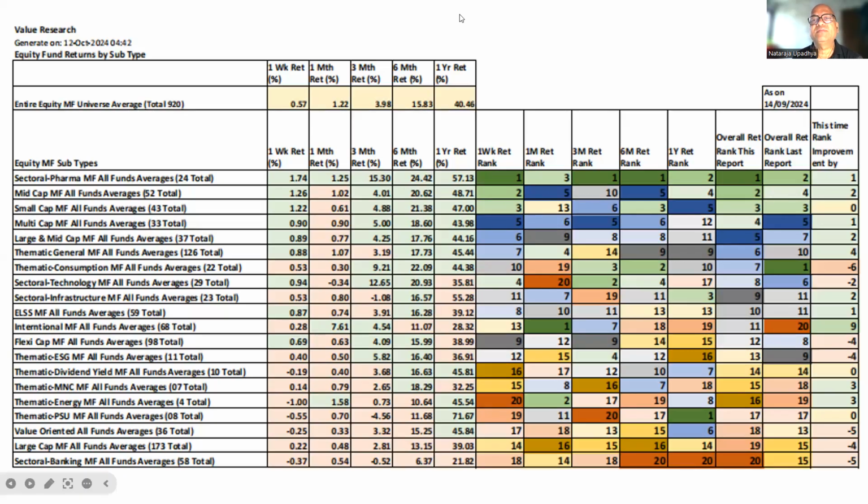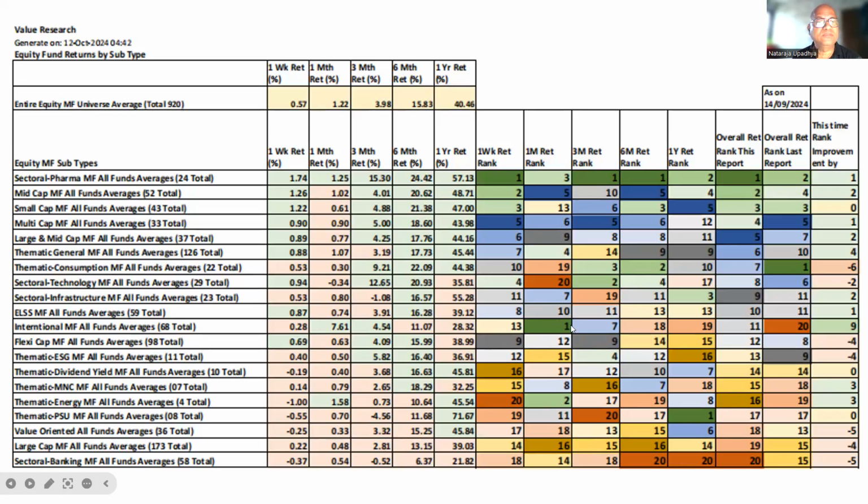When it came to 1 month return, the top position went to international funds. You remember the Hang Seng Index perking up big time because of China stimulus. Because of that legacy, but international has now moved to 13th on a weekly basis, so it's short lived in that sense.